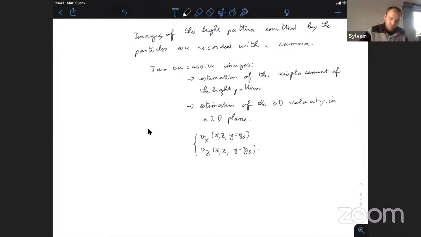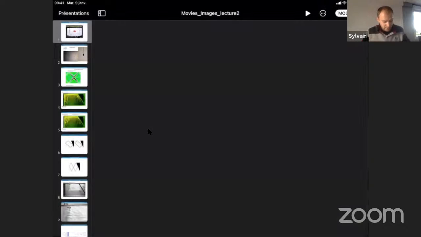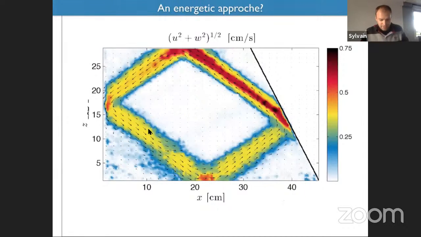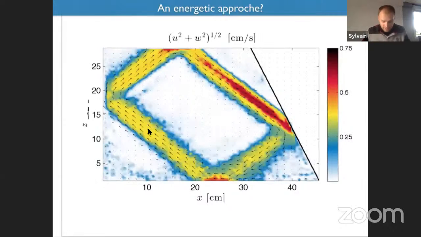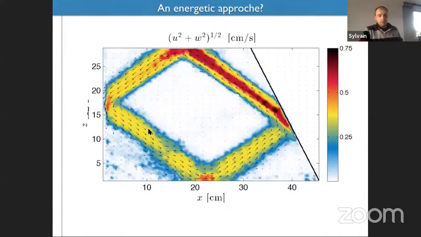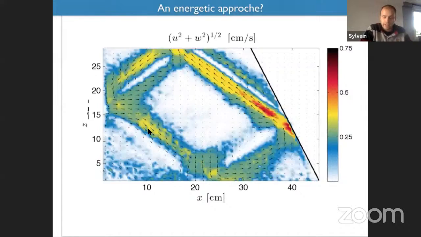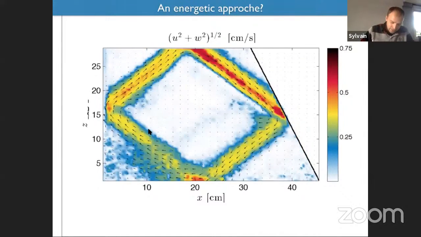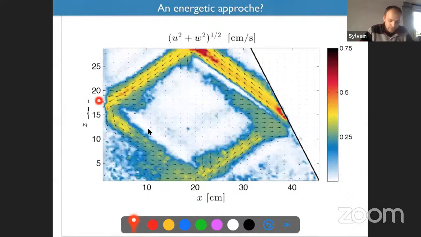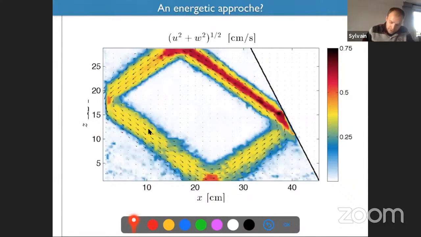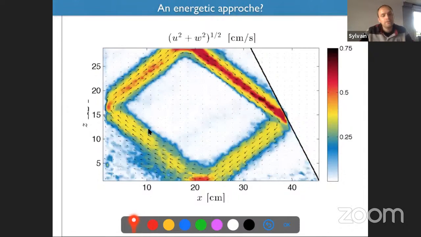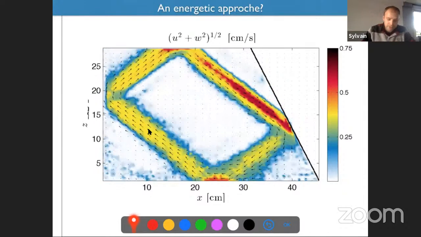Now, going back to my internal wave attractor, you have this. These are the results that we can obtain from this experimental technique. So in this you have x, the position, the vertical position, you still have the slope, and here I compute the amplitude of the velocity field.